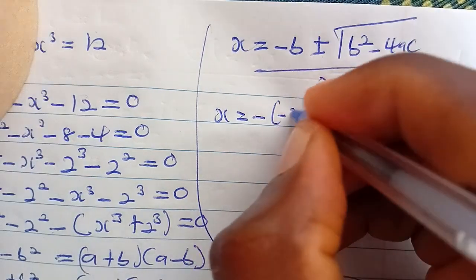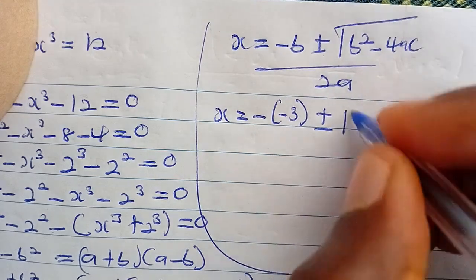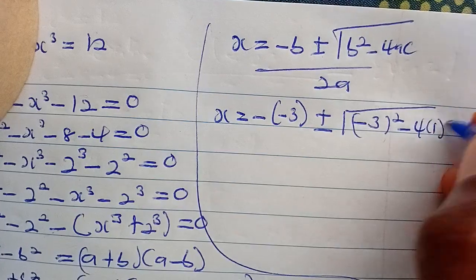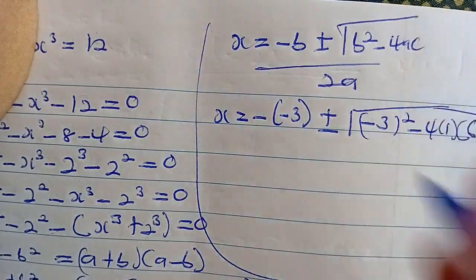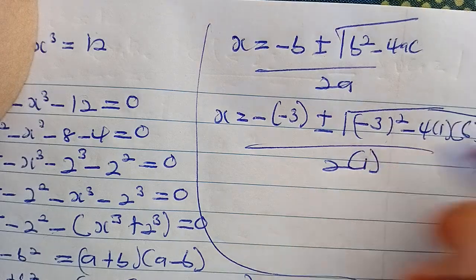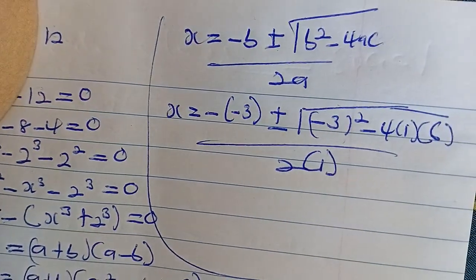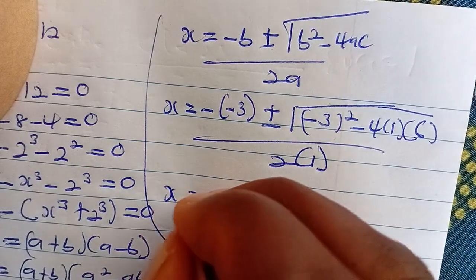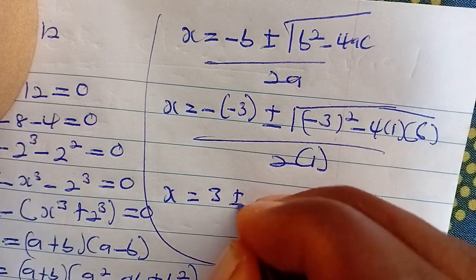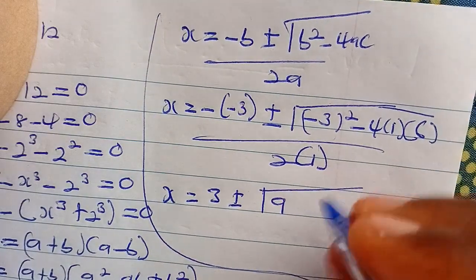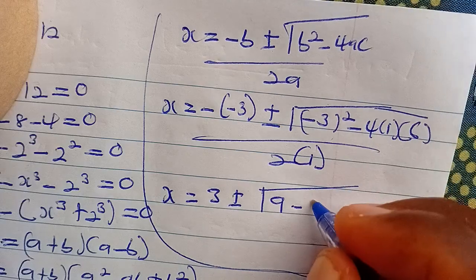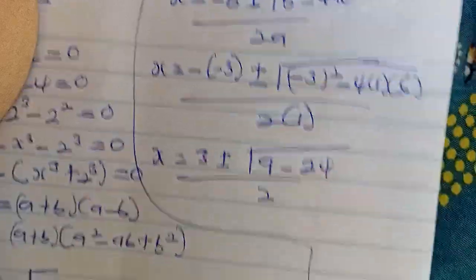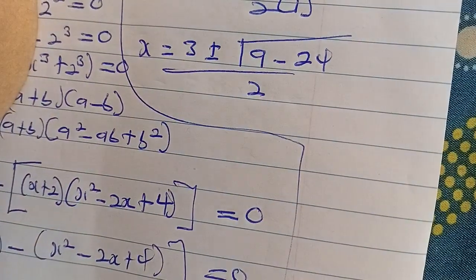So you're going to have minus 3 plus or minus the square root of minus 3 squared minus 4, a is 1 and c is 6, all over 2 times 1. So you're going to have x equal to 3 plus or minus the square root of 9 minus 24, all over 2.